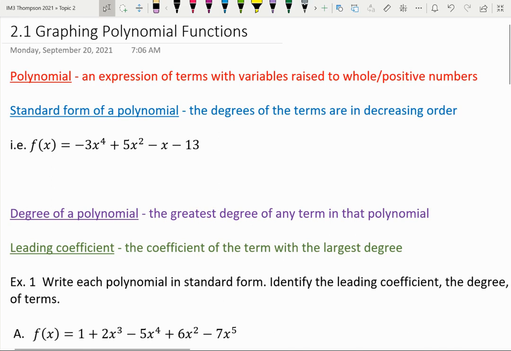So it's probably been a year since Math 2 when you talked about degree, but what I've got here is this example, right? f of x equals negative 3x to the fourth plus 5x squared minus x minus 13. This first term right here, the degree of this term is degree 4, right? Just determined by the exponent on the 4.